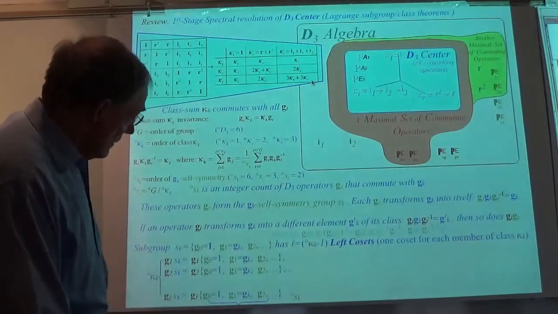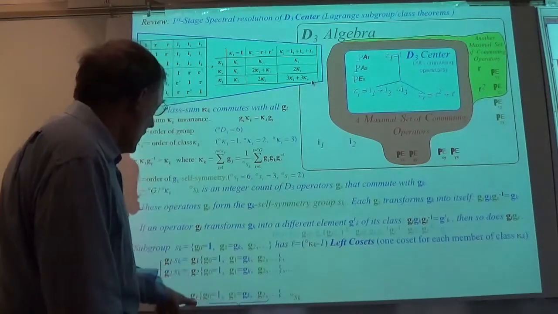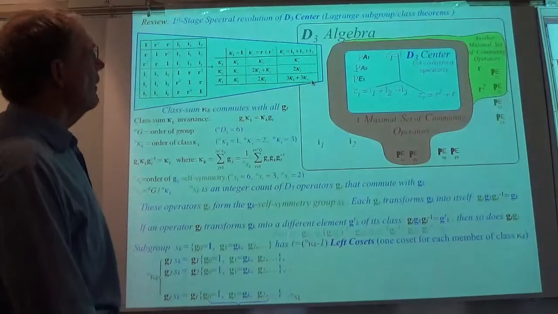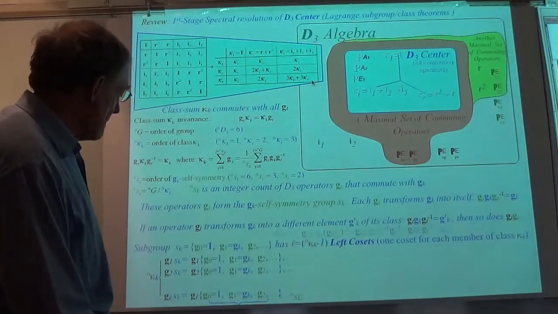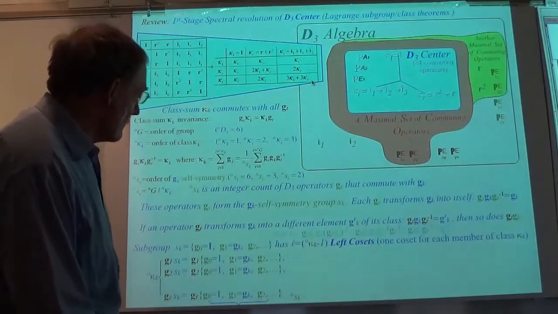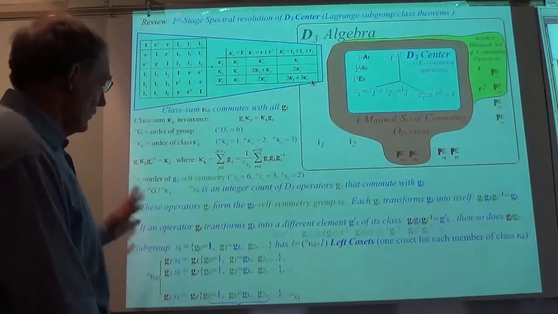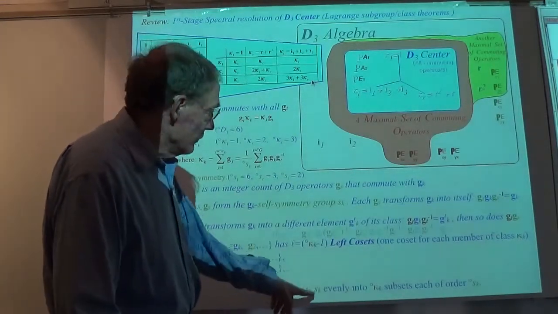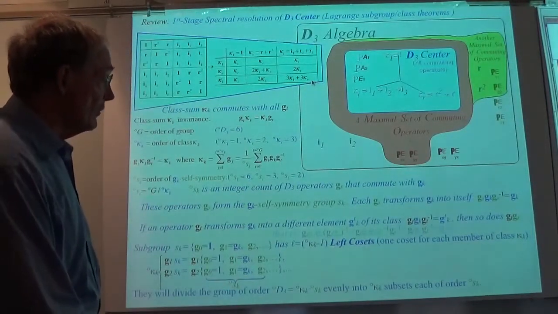And the number of those right here is the self-symmetry order. It's actually got clipped off there. I can see now that that is not showing there. In any case, that order times this order is the order of the group. That's the main idea. So these things have to multiply up to the order of D3, which is 6.